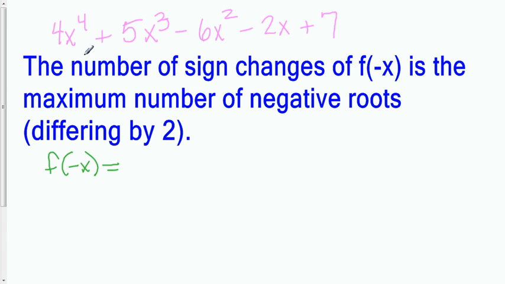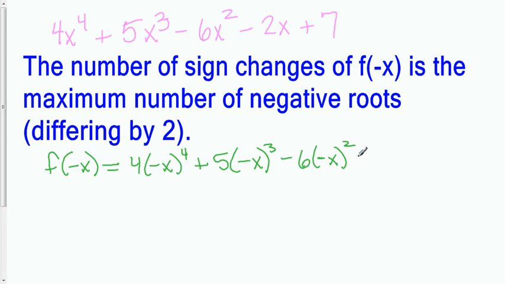And if you substitute a negative into each one of these spots, you would get 4 times a negative x to the 4th, plus 5 times a negative x to the 3rd, minus 6 times a negative x squared, minus 2 times a negative x, plus 7.